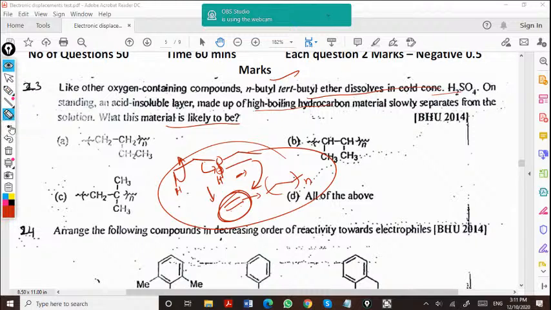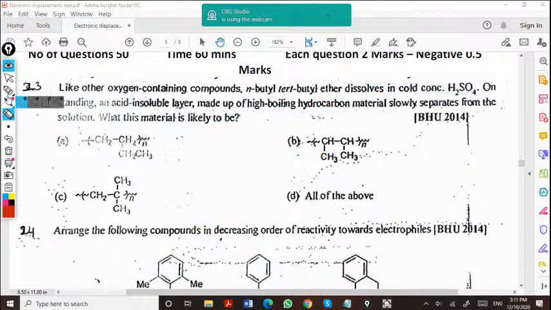So let's see what could be the starting material and what could be the product. The starting material is tertiary butyl N-butyl ether. If it gets H plus, it becomes like this. If it breaks in this way, it gives a primary carbocation.